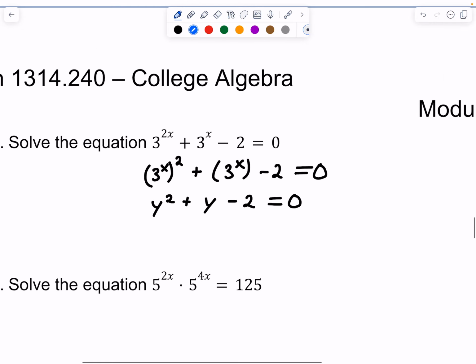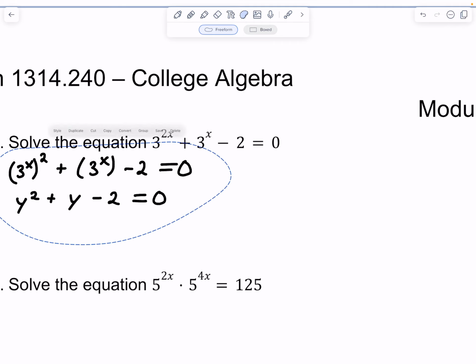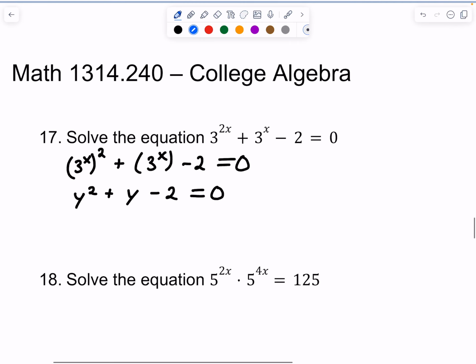Now from here, this is a quadratic, so we're going to treat it exactly like we would a quadratic. We're factoring it, so we're looking for two numbers that multiply to be -2 and add to be 1. And if I think about this for a minute, 2 and -1 do the trick. 2 times -1 is -2, and then 2 plus -1 is 1.